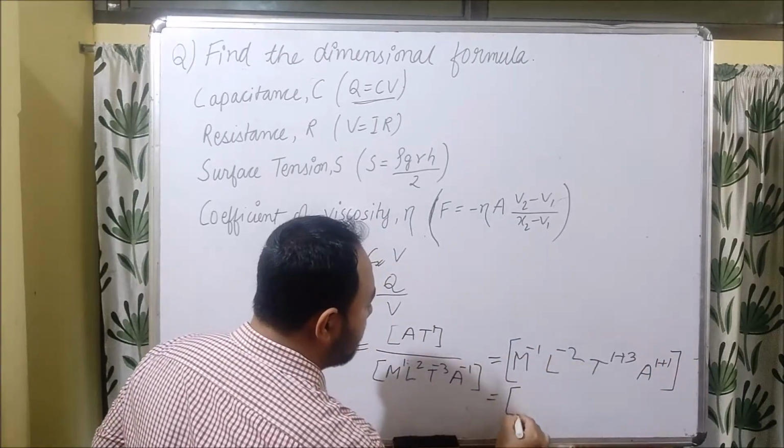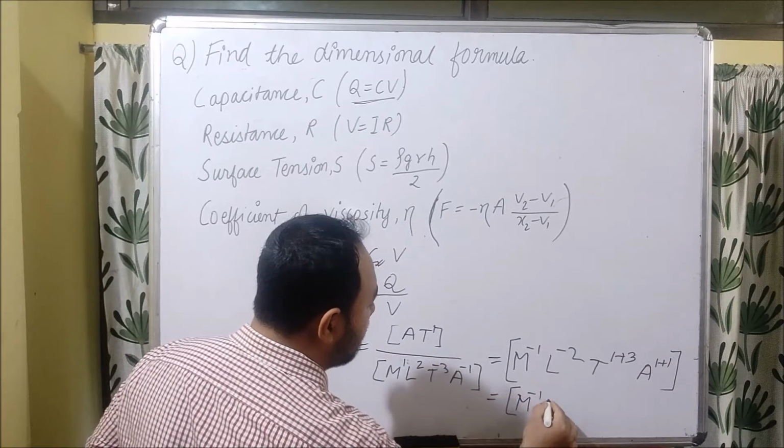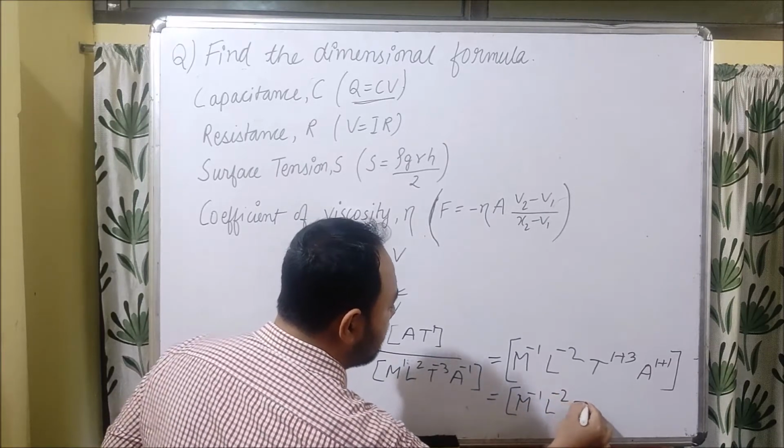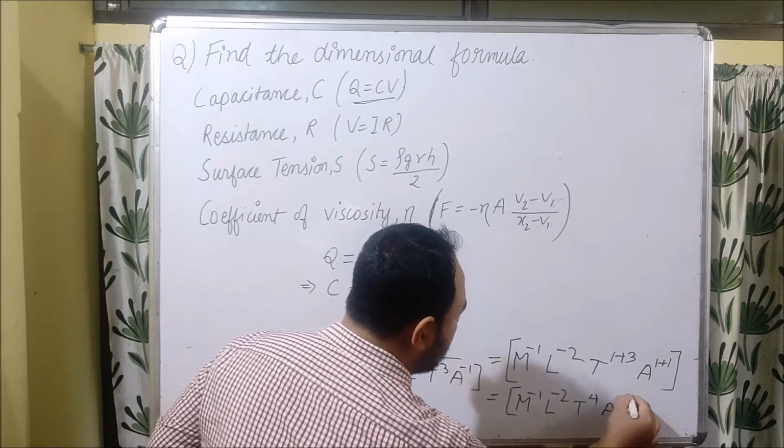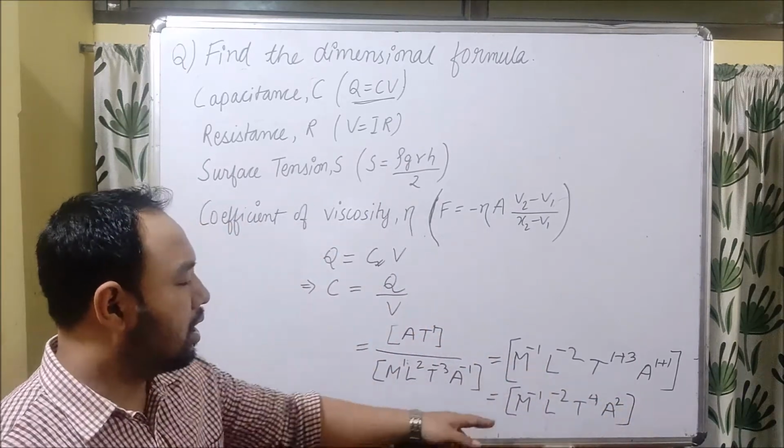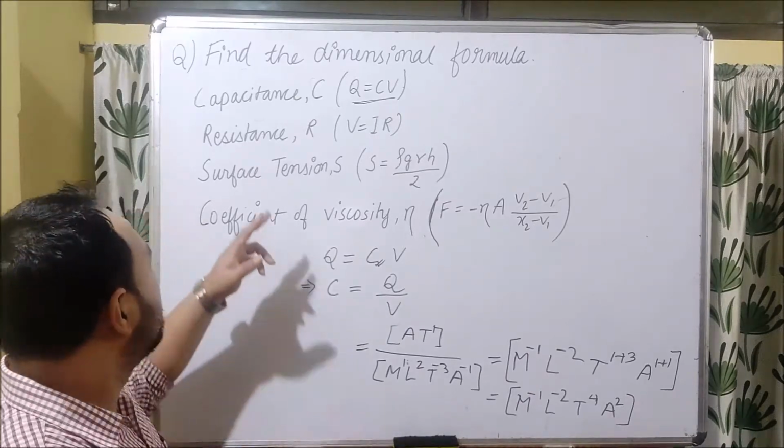So the final answer will be M to the power minus 1, L to the power minus 2, T to the power 4, A to the power 2. So this is the dimensional formula for capacitance.